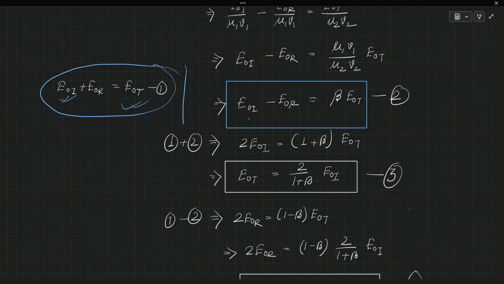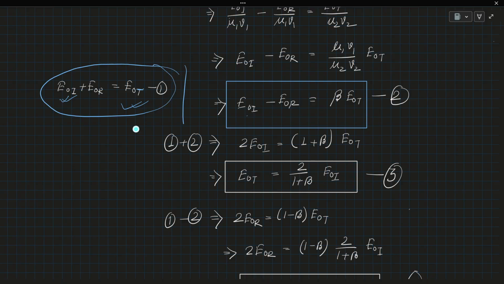This is E0I, this is E0I, and this is minus E0R, and this is plus E0R. So this and this will get cancelled, and only 2 times E0I will be on the left hand side. On the right hand side, what will be there? 1 plus beta E0T, right? So I can write E0T in terms of E0I: E0T equals 2 divided by 1 plus beta times E0I, right? This is the term.